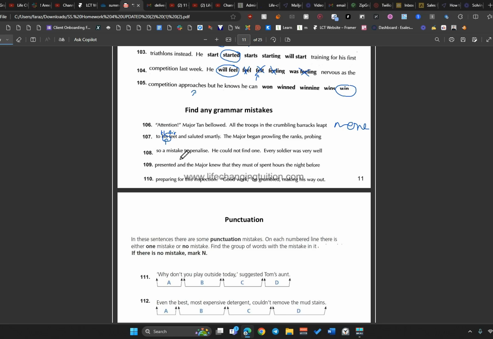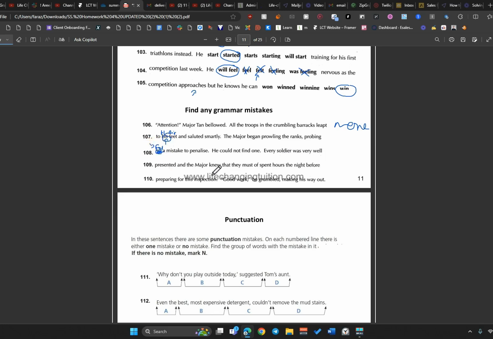So the major began prowling the ranks, probing for a mistake to penalise. So I think that should be for. What that means is he's looking for a mistake, so he can penalise them. So that should be the grammar mistake there. He could not find one. Every soldier was very well. And the reason why this is a grammar mistake is because it's a preposition.